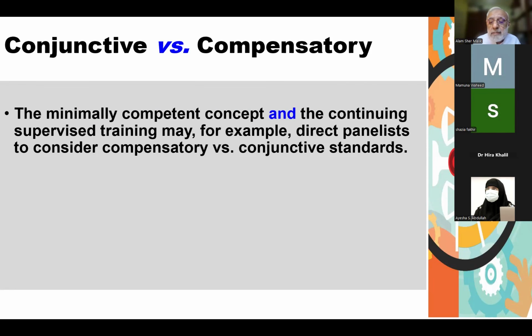So the SMEs may think that although the student is weak at this level, they have an opportunity to rectify that weakness as a house officer because the training would be provided. That is the concept behind compensatory. So the minimally competent concept and the continuing supervised training as a house officer, for example, direct panelists to consider compensatory versus conjunctive standards.